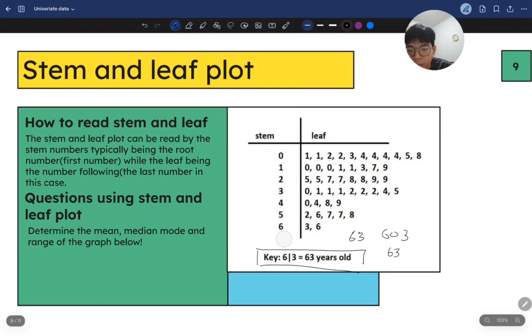Determine the mean, median, mode, and the range of the graph below. Okay. The mean would be adding all those numbers and dividing it by the amount of numbers.